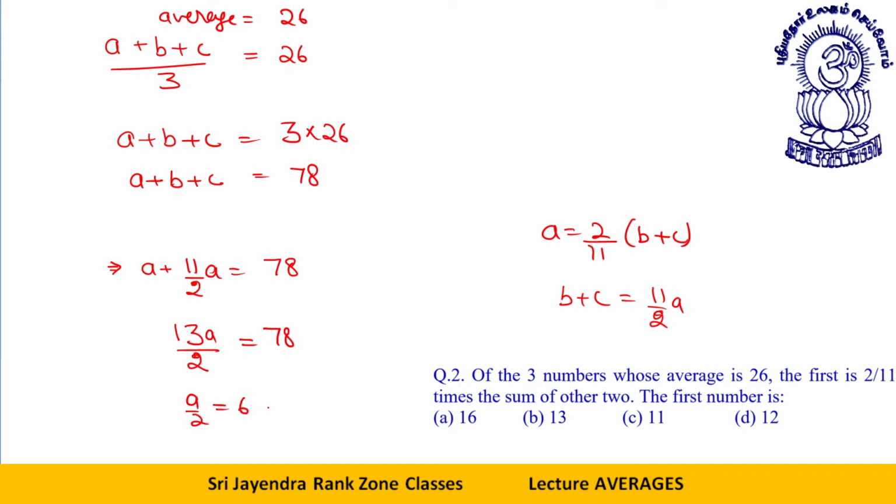A by 2 is equal to 6, or A is equal to 12. This is your answer. The first number is 12. I am sure it must be clear to all of you, dear students. Okay, let's move ahead.